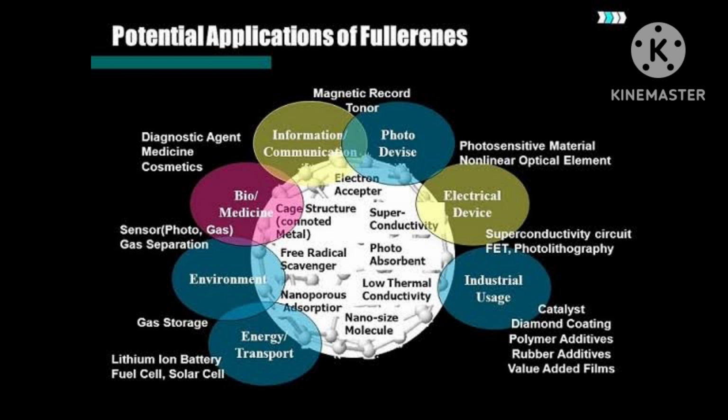In the name of the American architect, this new allotrope of carbon, C60, has been given the name fullerene.